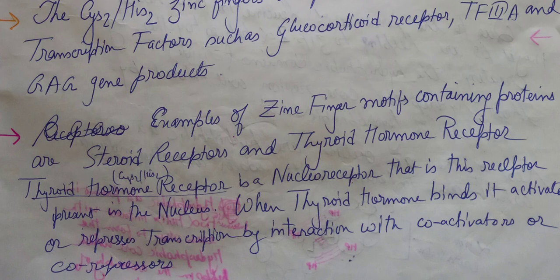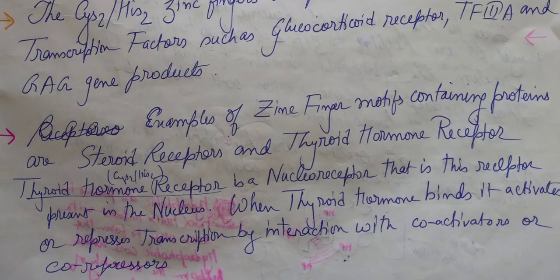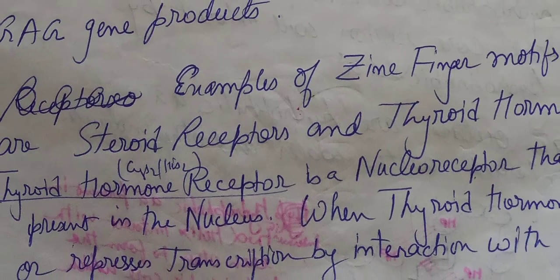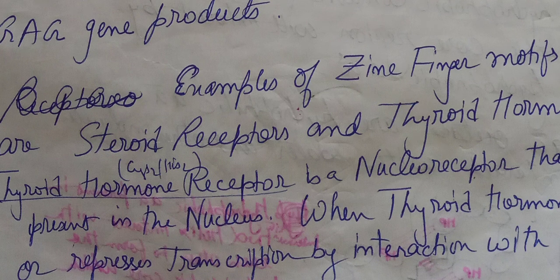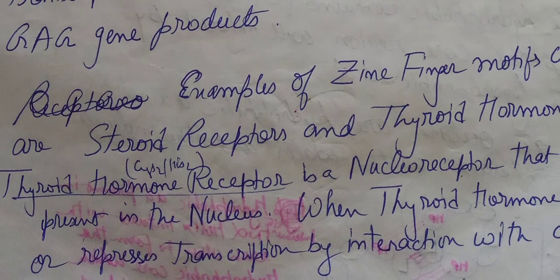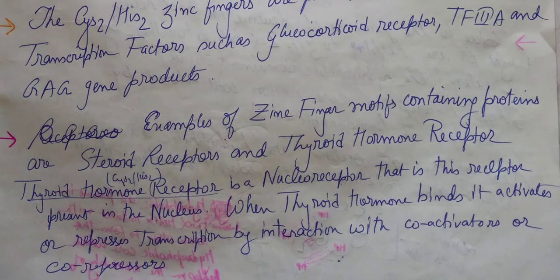Now, a little information about the thyroid hormone receptor. The thyroid hormone receptor has a Cys2His2 zinc finger motif. If you can see, I am zooming in. It is a nuclear receptor, that is, a receptor present in the nucleus.